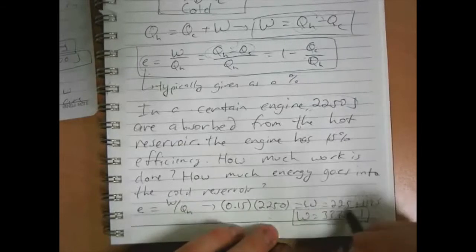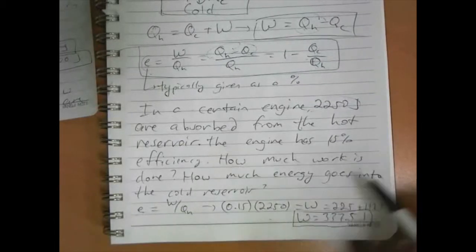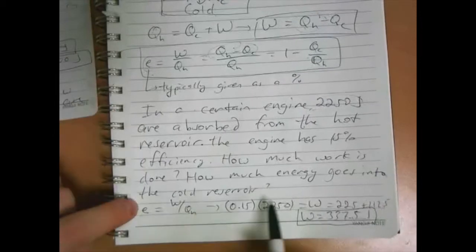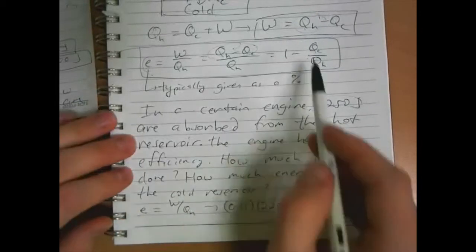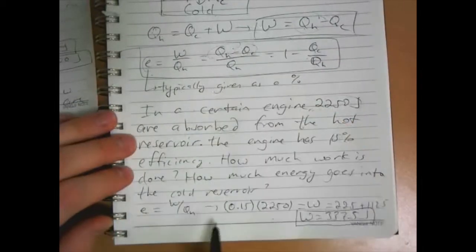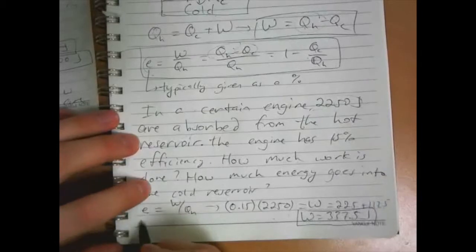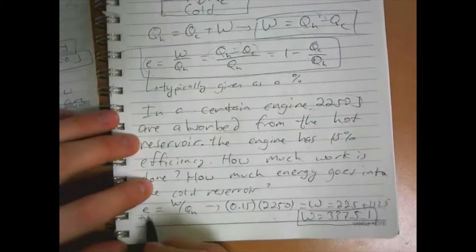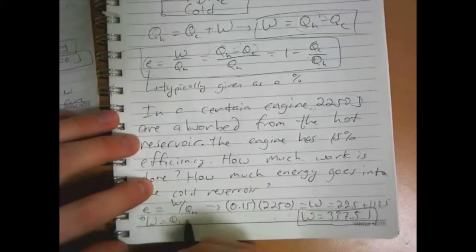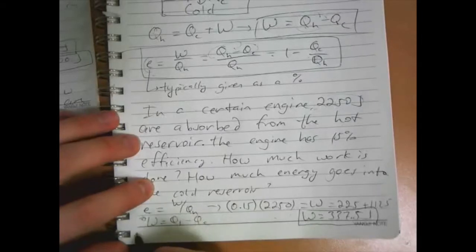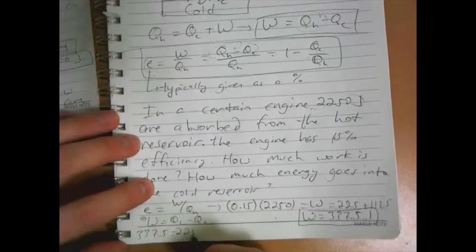And then how much energy goes into the cold reservoir? We can simply apply our other equation. We know that work is Q hot minus Q cold, so 337.5 equals 2250 minus Q cold.